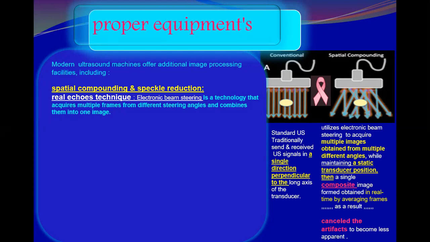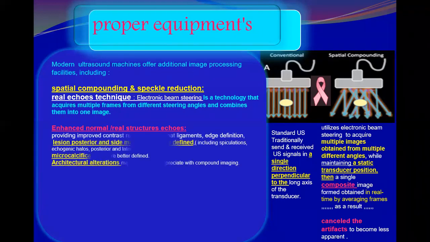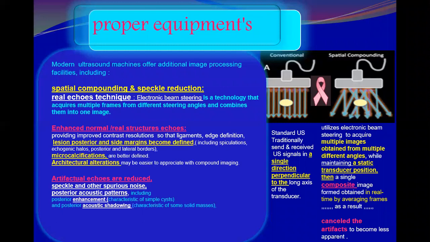As a result of this, the artifacts are canceled. The most important part of this process is canceling the artifacts so they become less apparent. So it will enhance the normal or real structure echoes, but reduce the artifacts. By this, definitely it will improve the conspicuity of the image.